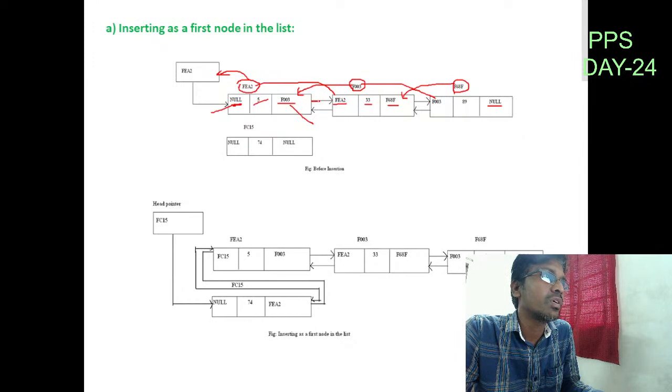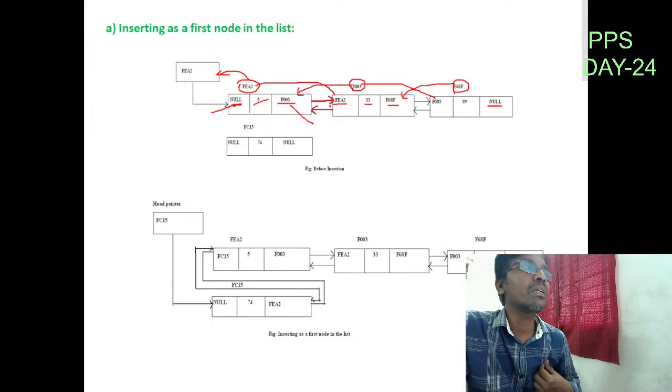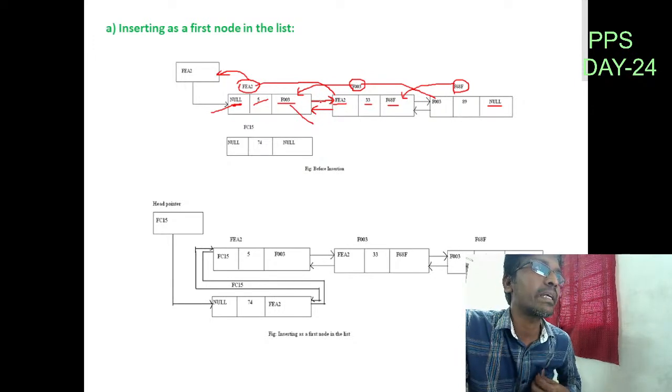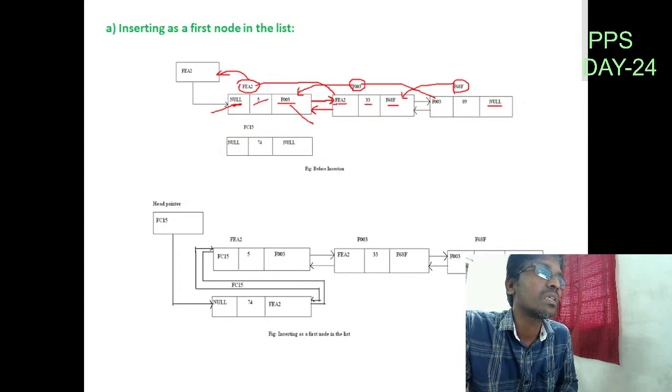So if you know the address of the next node, then it will point in the forward direction, and if you know the address of the previous node, then it will point from the second node to the first node. So it will be two directional, bidirectional. You can store the address of the next node and the address of the previous node.